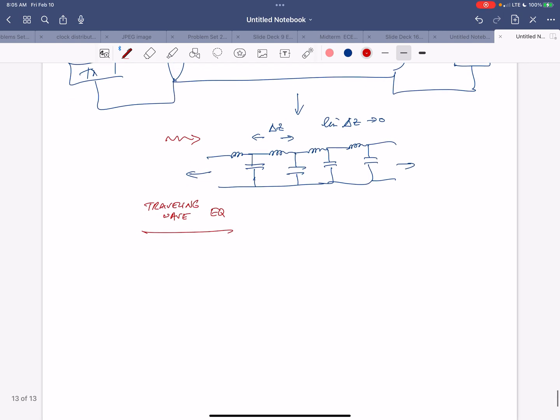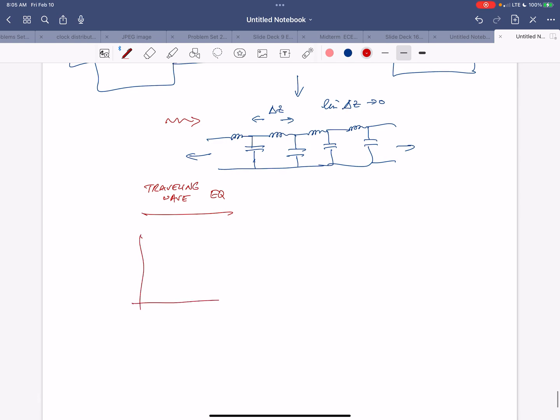Meaning that if you launched a wave on the, say, how should I draw this?